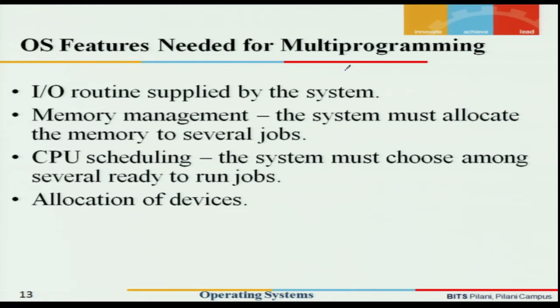Again the question is asked, which particular job should be scheduled? There can be various approaches. So it led to the development of what we call a CPU scheduling algorithm, and there are a variety of CPU scheduling algorithms.